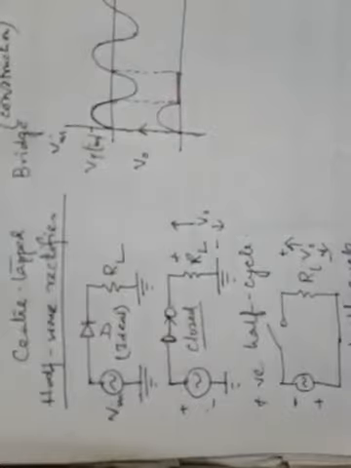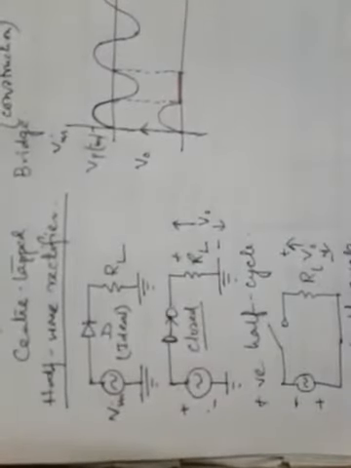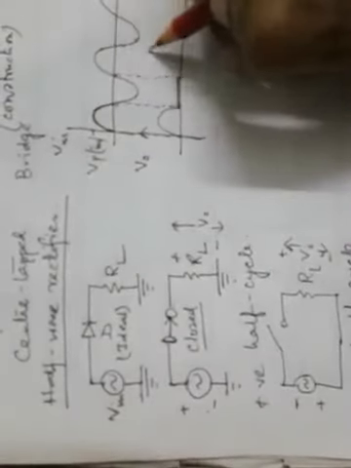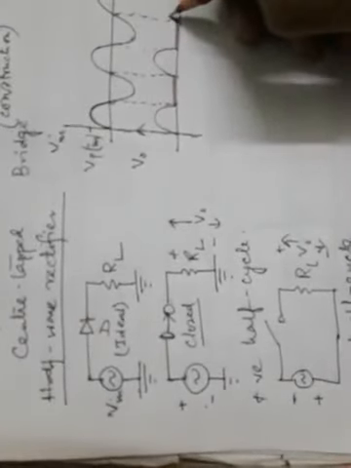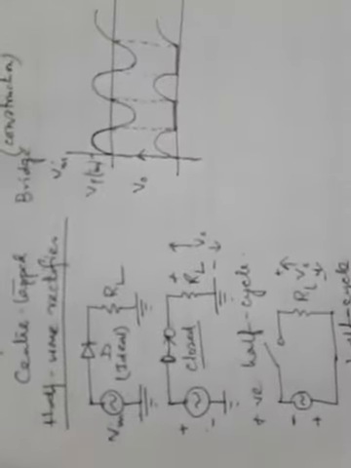Once again, at the end of this one cycle, another positive half cycle, the second cycle, is generated, and during the second positive half cycle we should once again get the second half wave, and in the second negative half cycle, once again we should get a 0 output. So in this way the output will go on.